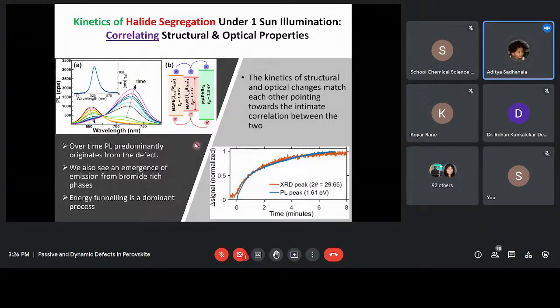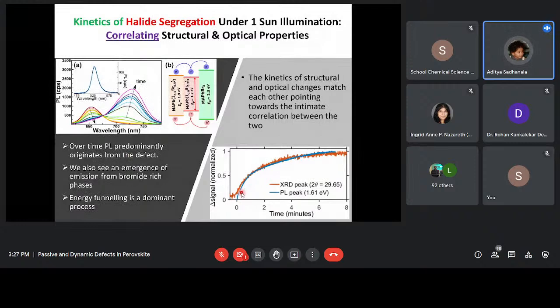Now, when we plot the time versus increase in PL, which is the blue curve here at the bottom right, this is what you get. This is the time that it took for the PL to increase and stabilize at this point.